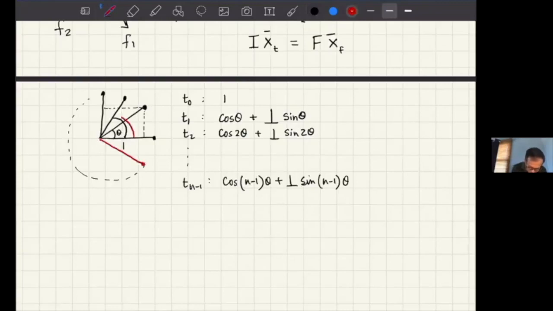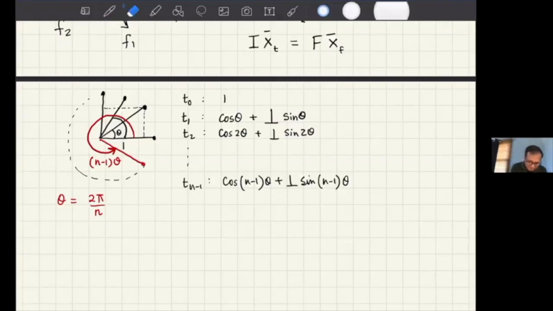Let's say we want to express in n samples one full rotation of the stick, and therefore theta is nothing but 2 pi by n. Actually, let's make this capital N for now, because that is the total number of samples we are going to use. So this one also is capital N.